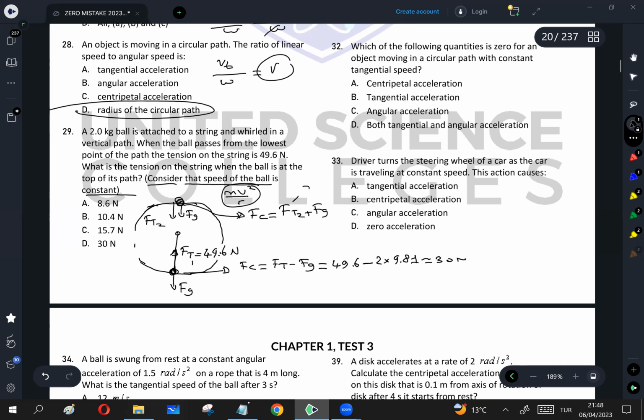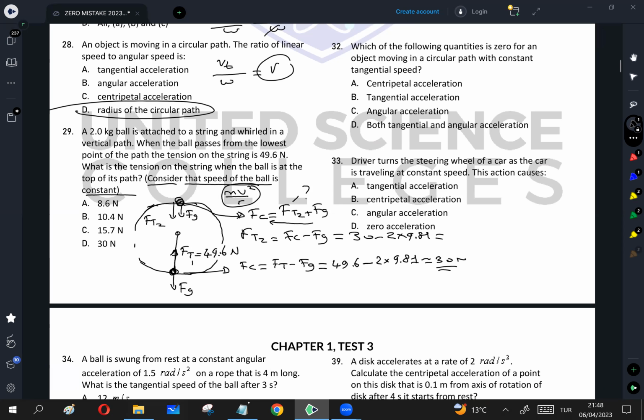So I transfer Fg to the left side: F tension 2 is going to be Fc minus Fg. Fc we calculated is almost 30, and Fg is 2 times 9.81. So 30 minus that, the result is almost 10.4. 10.4 newtons is the answer for this question.